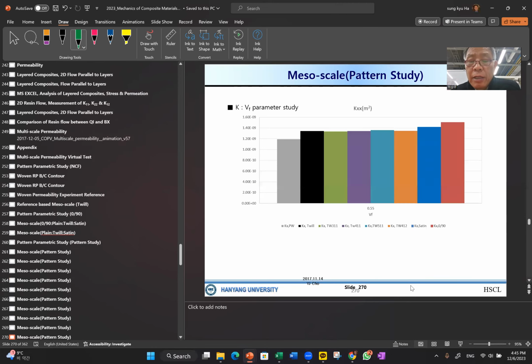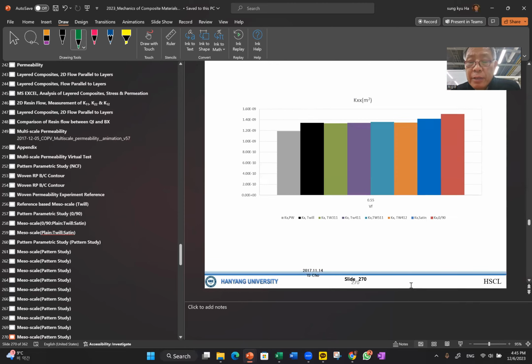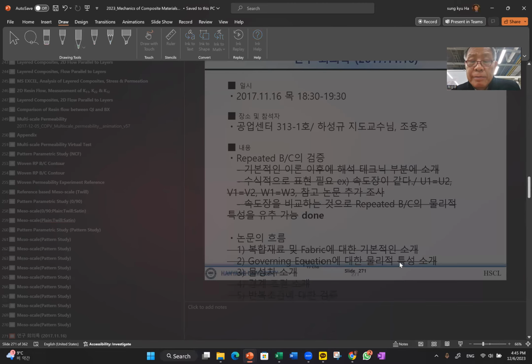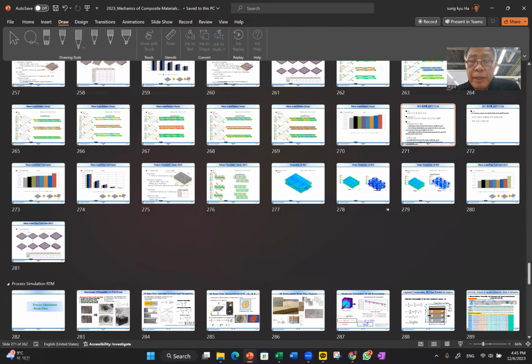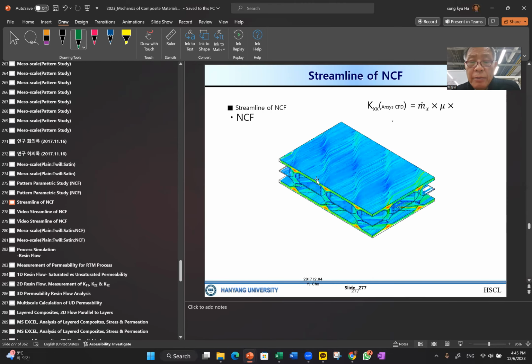And very interestingly, as you can see, this is the permeation streamline of NCF. NCF will have a certain stitching and a certain direction.